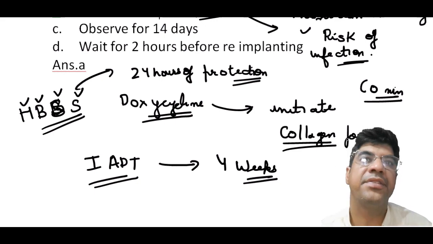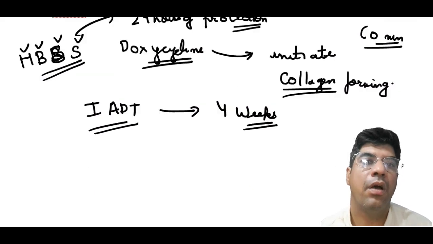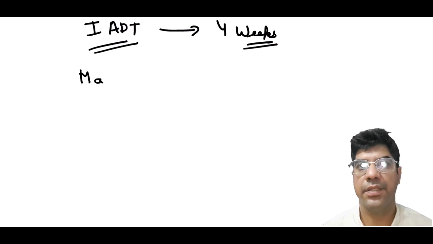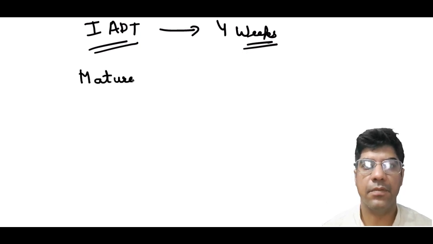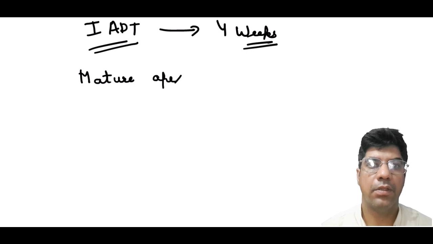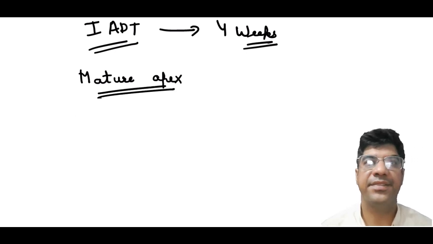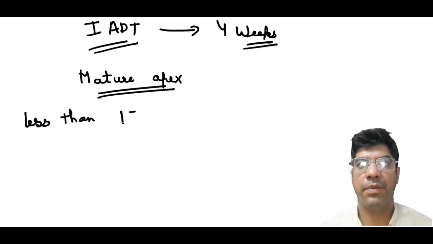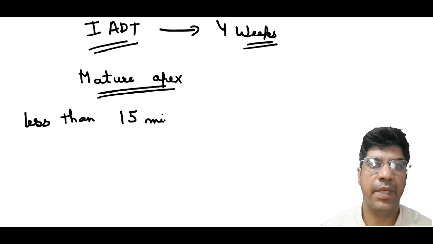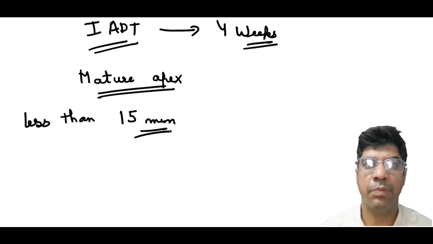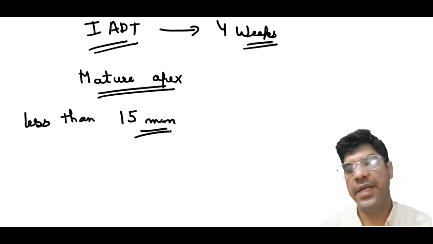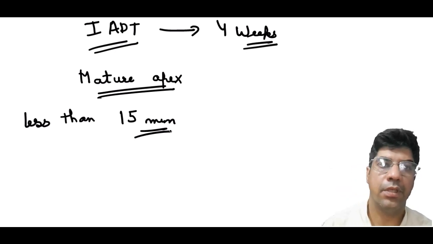So let us discuss what the protocols are for teeth with the mature apex. If the time is less than 15 minutes, you have to rinse the tooth to remove the debris, flush the socket, reimplant the tooth and splint in the functional position.